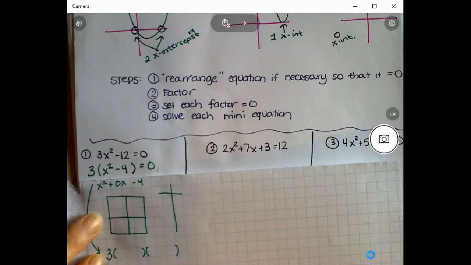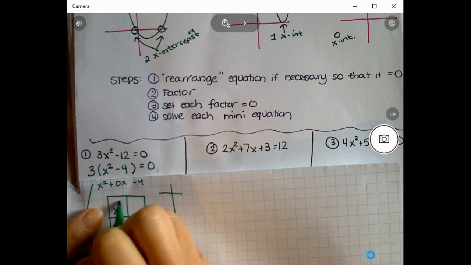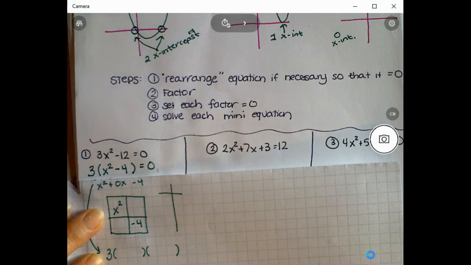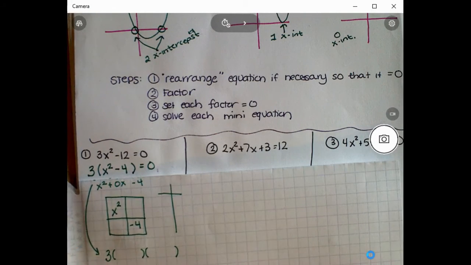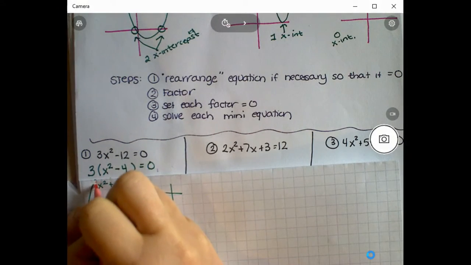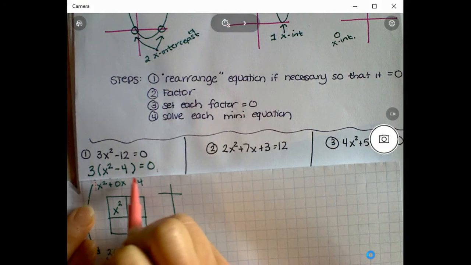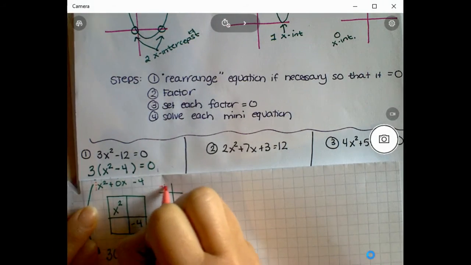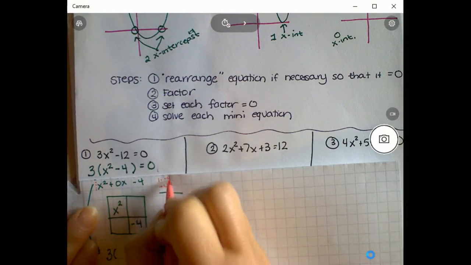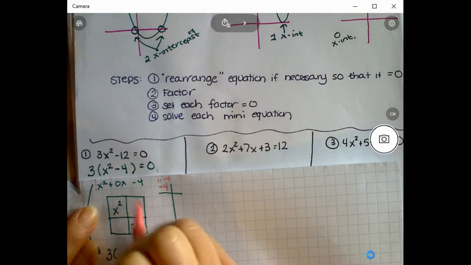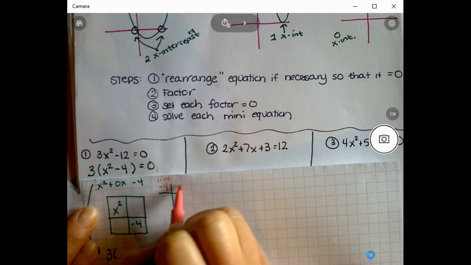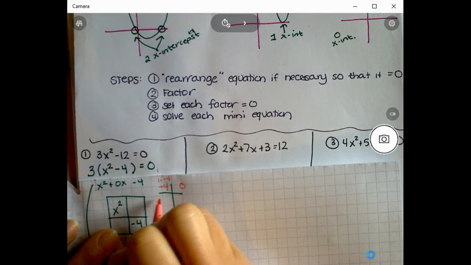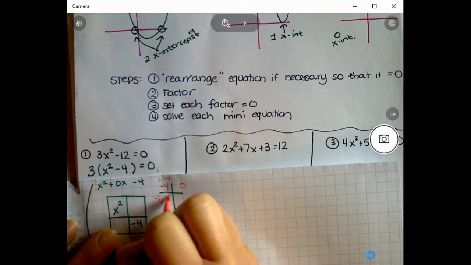When we fill in the t-chart, we know x squared is going to go here and negative 4 is going to go there. And then what we did was we multiplied the coefficient of the first term times the last term. 1 times negative 4 is negative 4. And we know that the factors need to add up to the middle term, 0. So negative 4 could be negative 1 times 4.